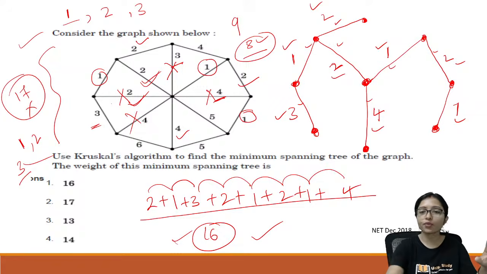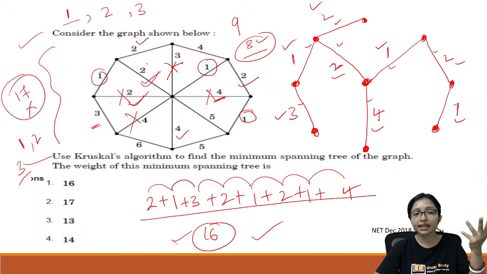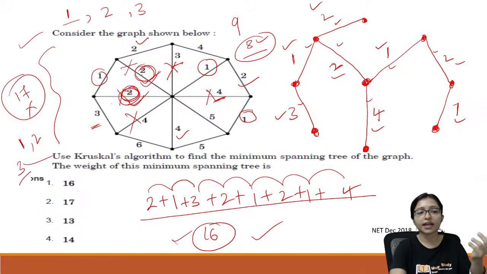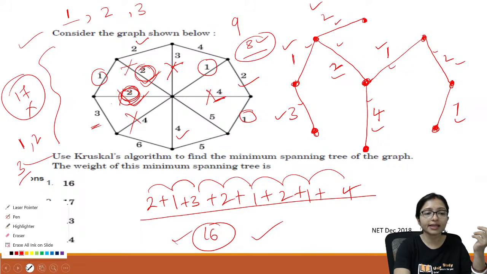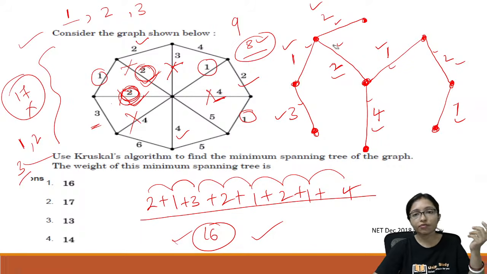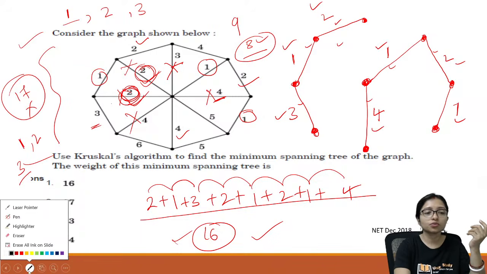Always see that whatever I draw, only this same thing is there. You can take either of these 2, you can take these 2 also. That is okay, but any one of them you can take. If you are taking this, then you have to remove this one because it will create a cycle. If I am not taking these 2, then I have to take this 2.